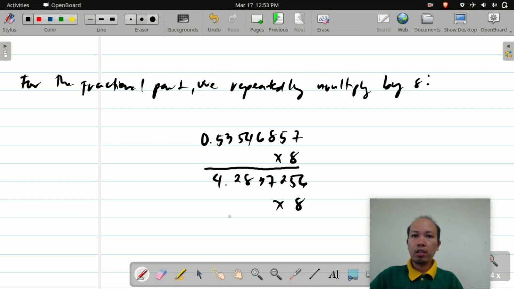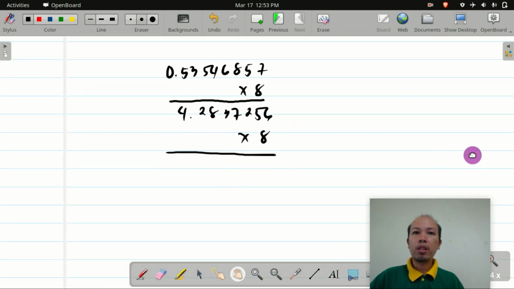Multiply by 8 again. It's what we have done before. This is our C sub 1.